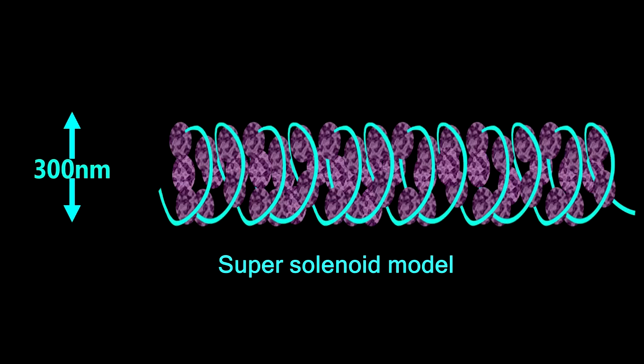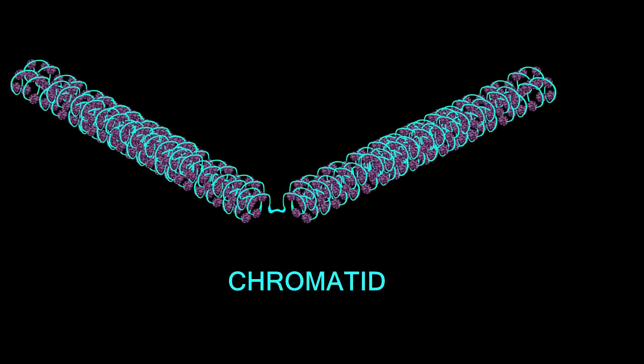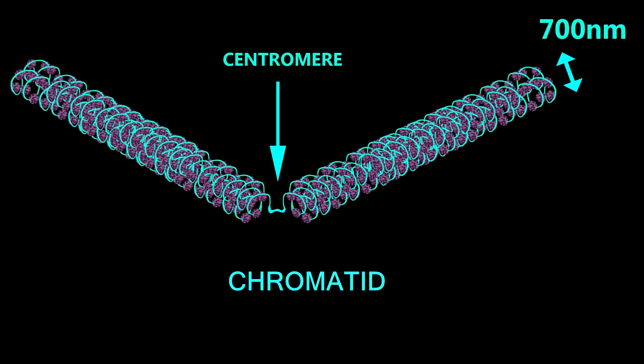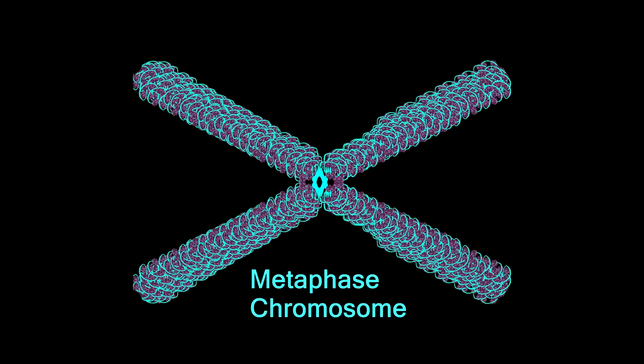This fiber is highly condensed and makes a chromatid of 700 nanometer diameter. In metaphase, this chromatid is highly condensed and makes a chromosome of 1400 nanometer width.